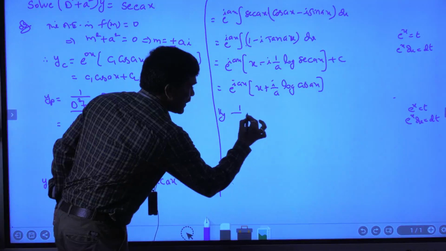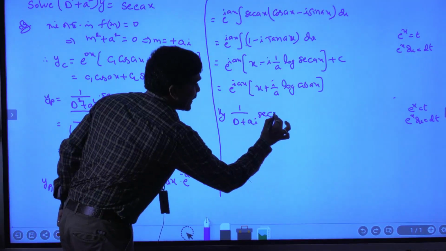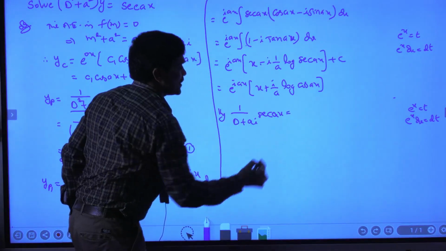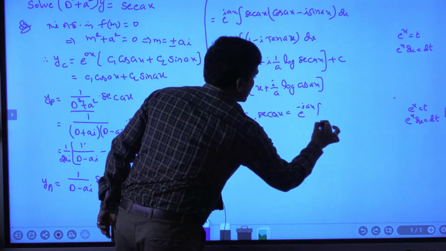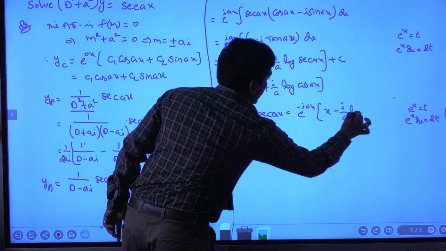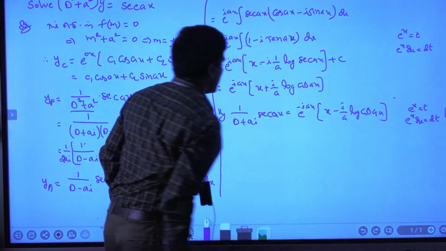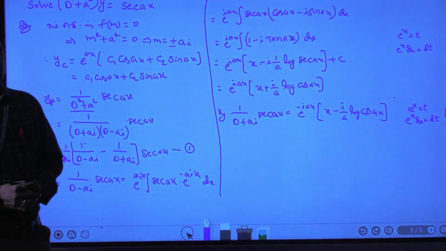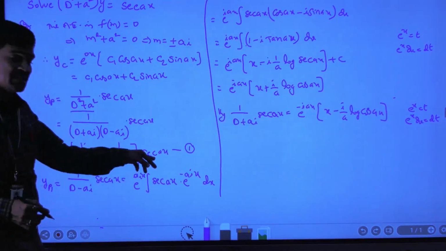Similarly, 1 by D plus ai into secant ax is written as e power minus iax into x minus i by a logarithm of cos ax, right? Now adding these two, substitute in equation 1.